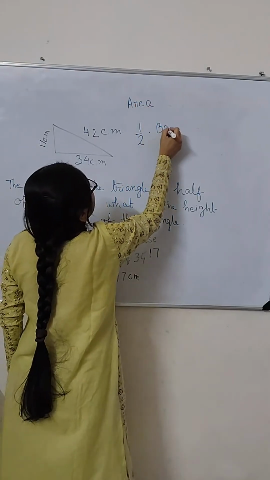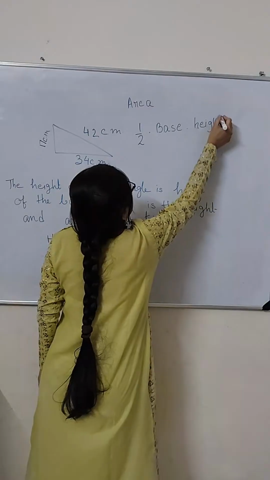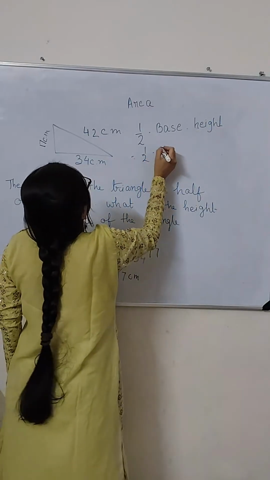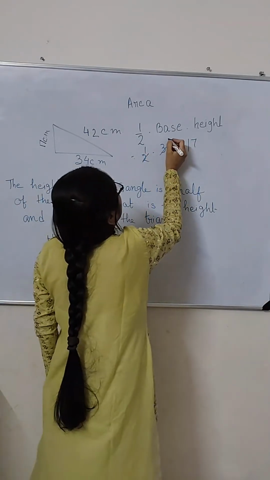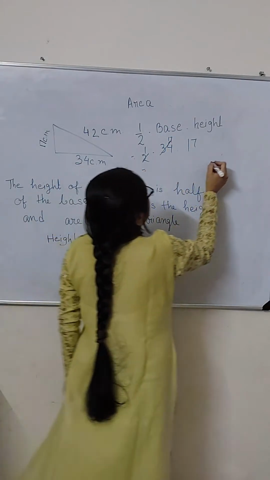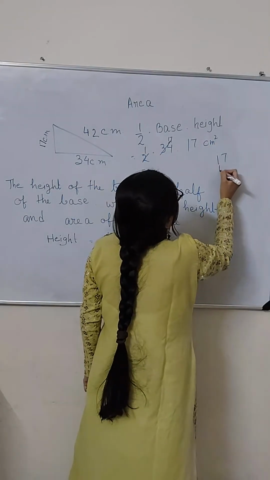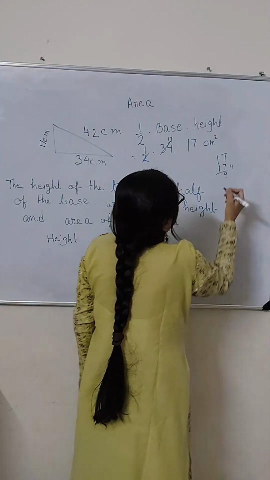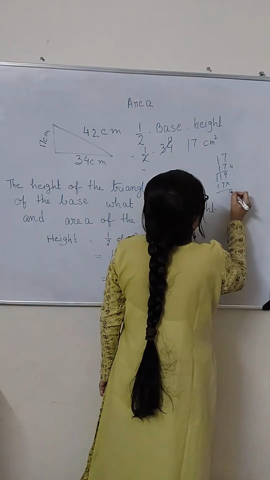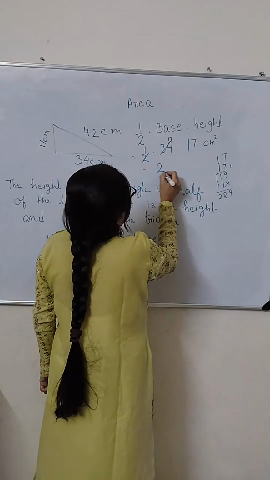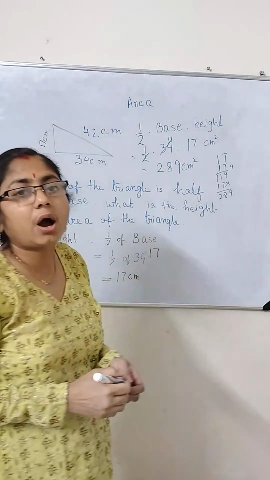What's our normal formula? Area is half into base into height. Half into 34 into 17 centimeter square. 17 into 17, 289 centimeter square is our area of the triangle.